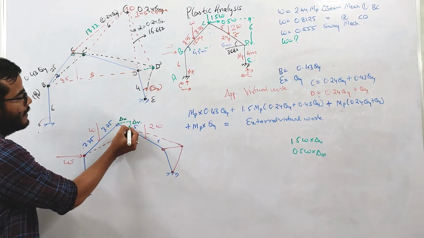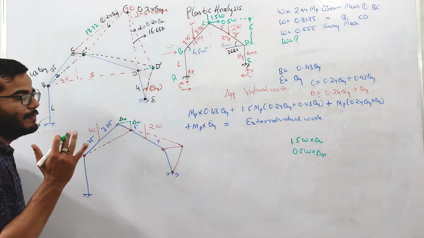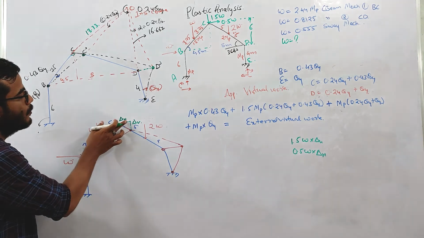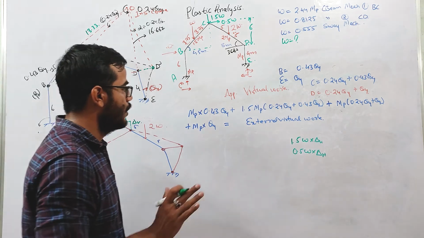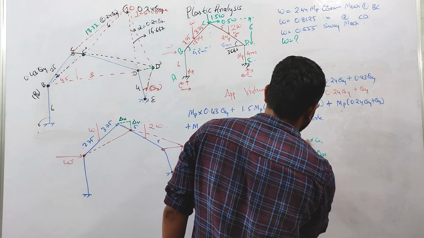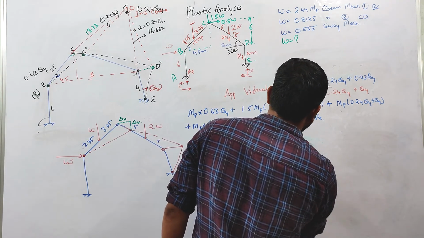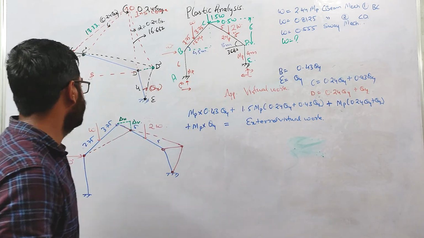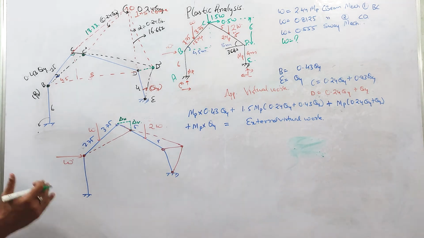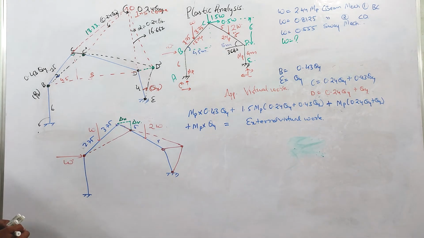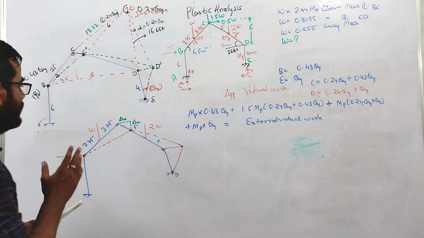Here this point is coming down, so work done will be positive. And this point is moving forward in the direction of the load, so the work done will be positive. You need to check the direction also. So first we are going to calculate the value of this delta V. Now let us come to this.